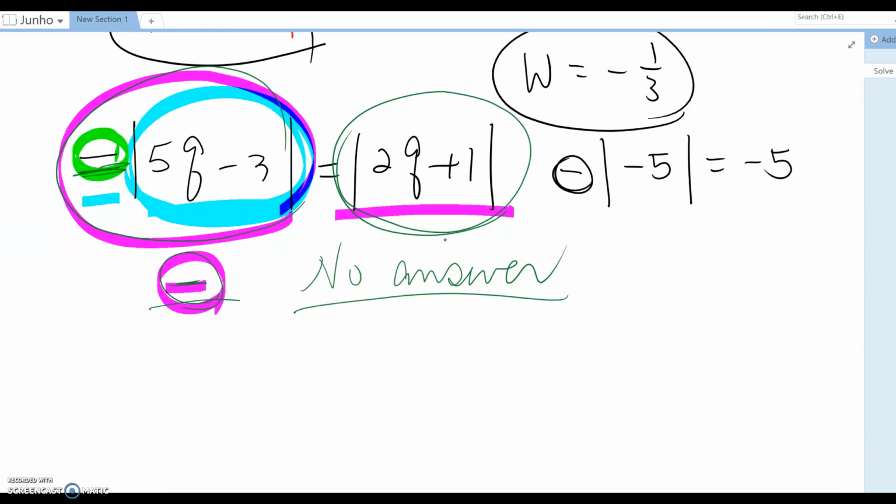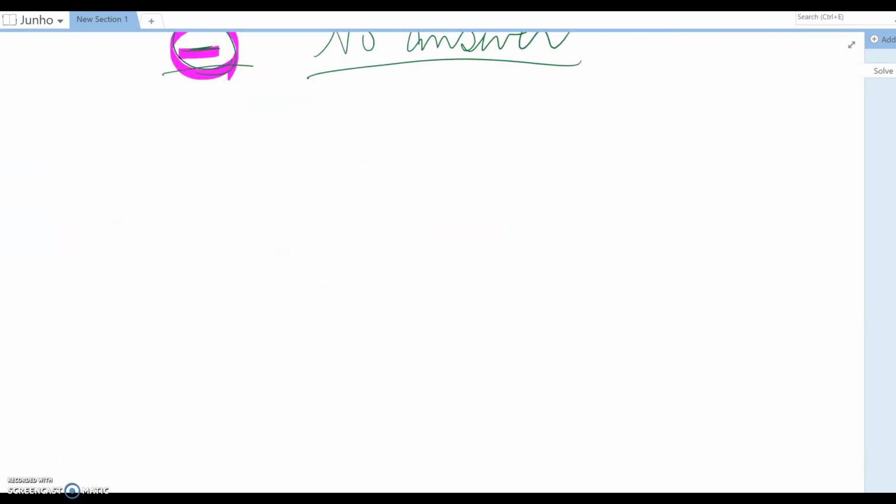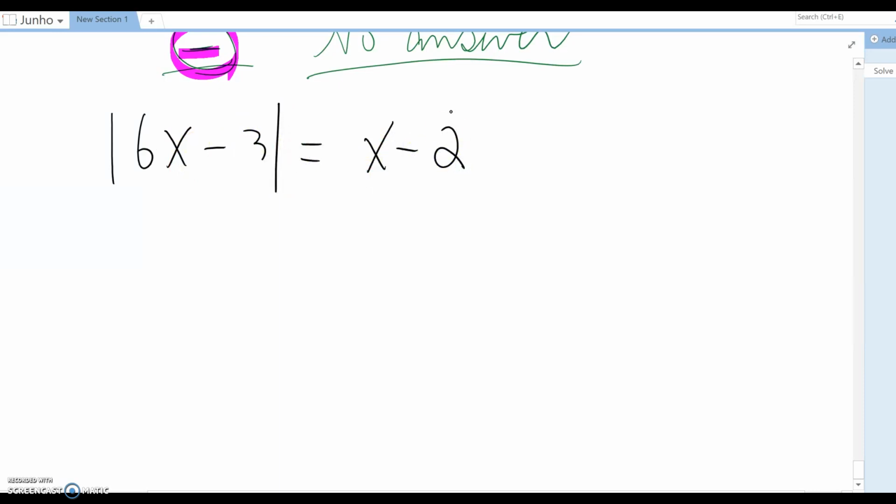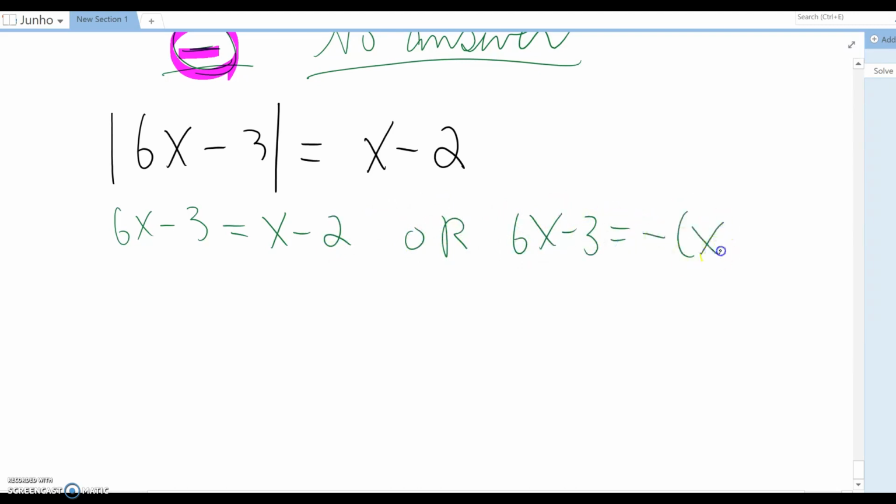Now, one last question which is a little bit hard, which is this one. |6x - 3| = x - 2. But it is the same way we can do that. So just make 6x - 3 = x - 2, or 6x - 3 = -x - 2.